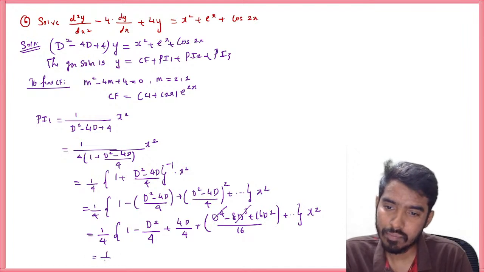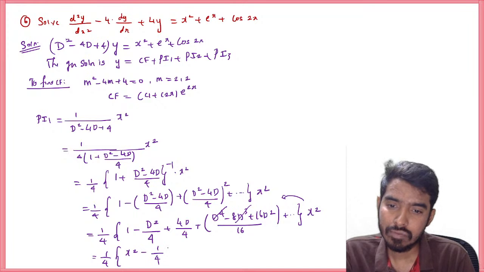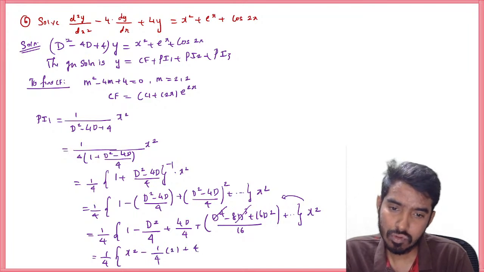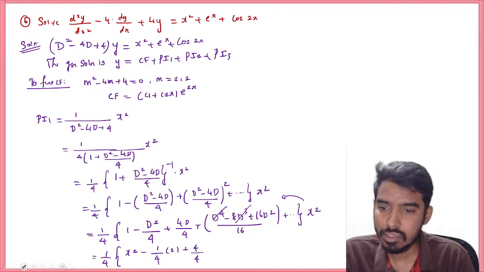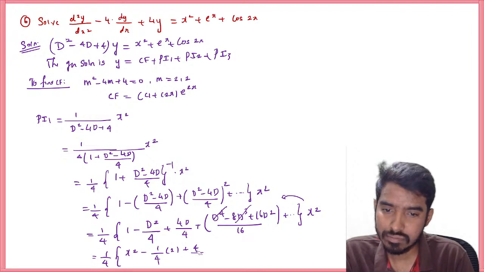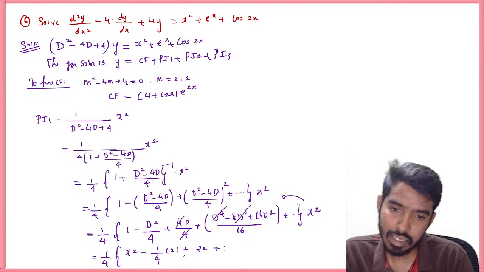So this will be 1 by 4. x square, I'm just multiplying this x square inside. So x square minus 1 by 4 d square of x square, which is 2, plus 4 by 4, which is 1. So d of x square is 2x. So we will have this to be 2x here, right? D of x square is 2x, and here we have 1. d square of x square is 2.